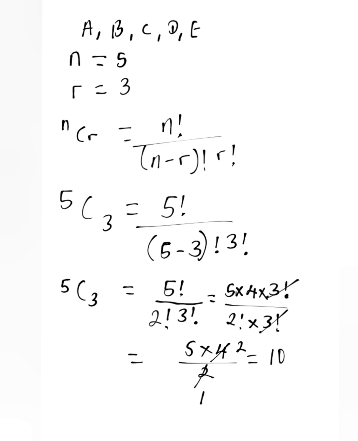From the question, we have to list out these 10 committees. So from those 5 persons, A, B, C, D, and E, we are going to choose 3 at a time in such a way that we won't repeat any of the committees. So let's proceed. Well, you know that the number is 10.